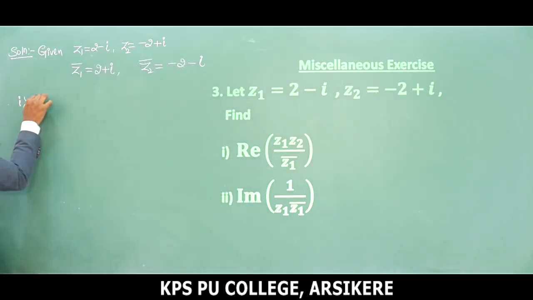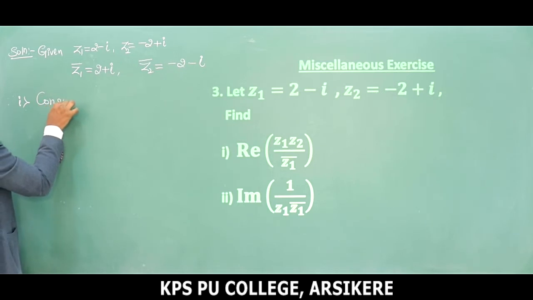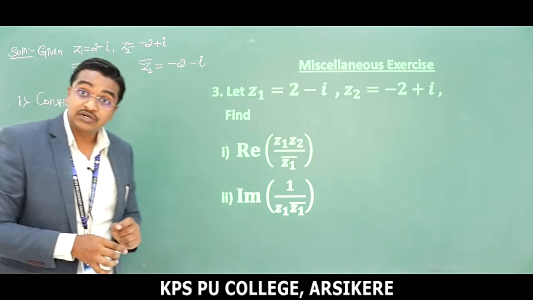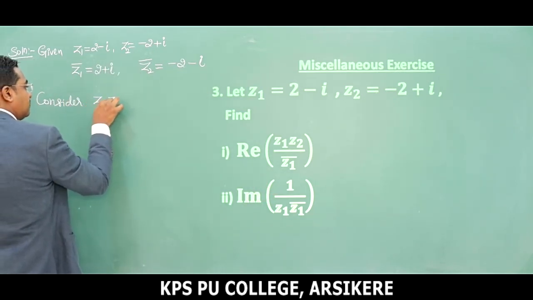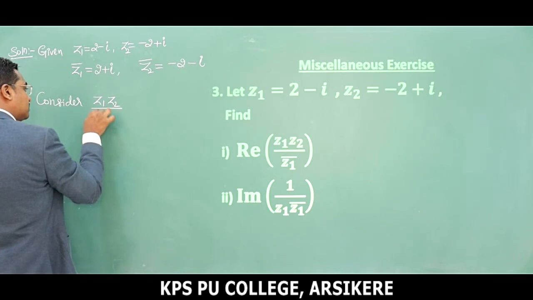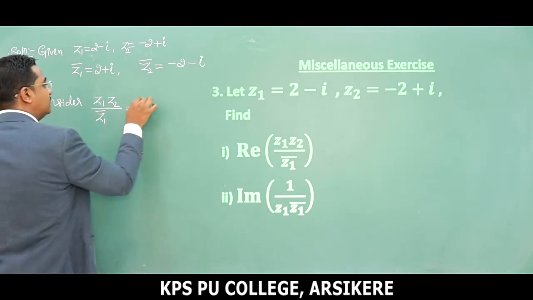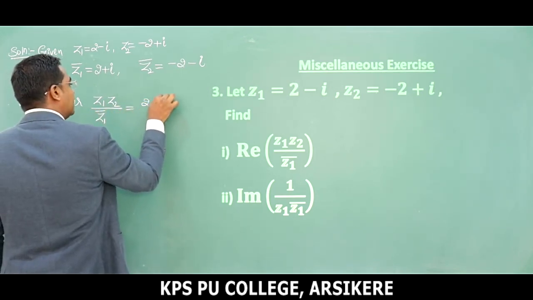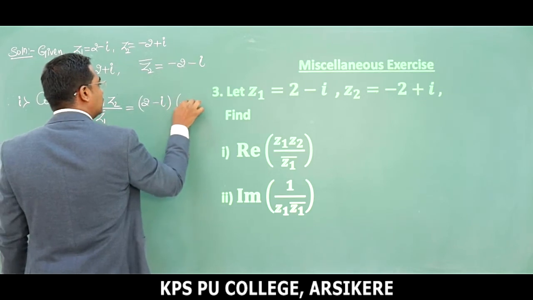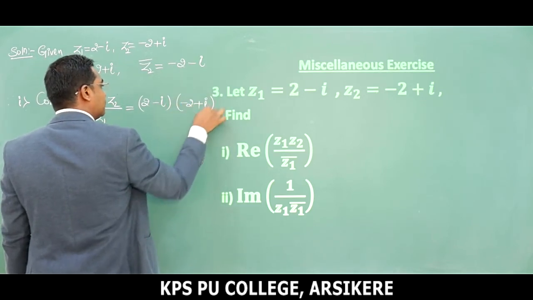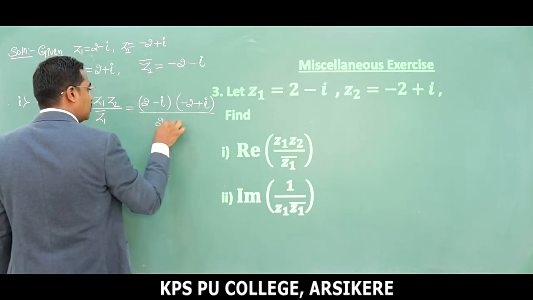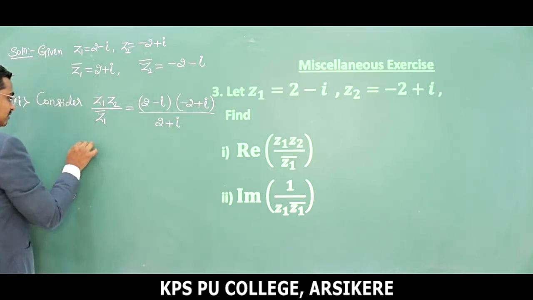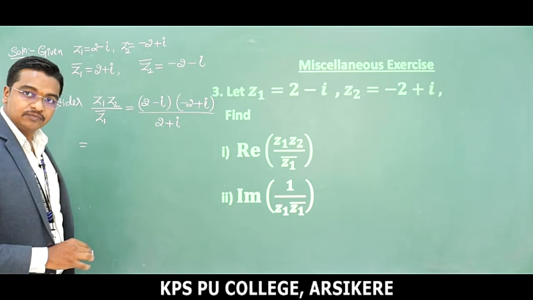For the first one, consider, first we need to find the expression for z1 into z2 divided by z1 bar. z1 into z2 divided by z1 bar is equal to, what is z1? 2 minus I and z2 is minus 2 plus I whole divided by z1 bar, 2 plus I. Next step is simplification.